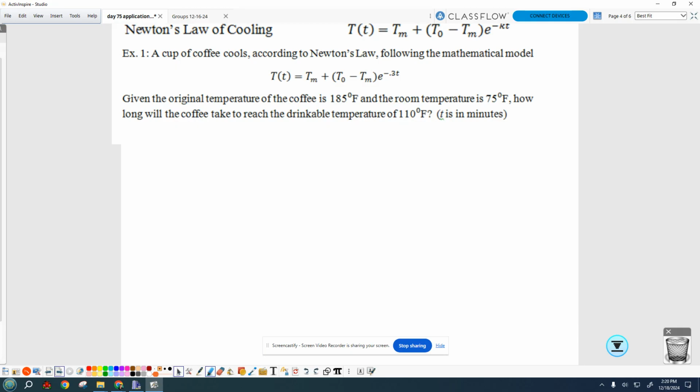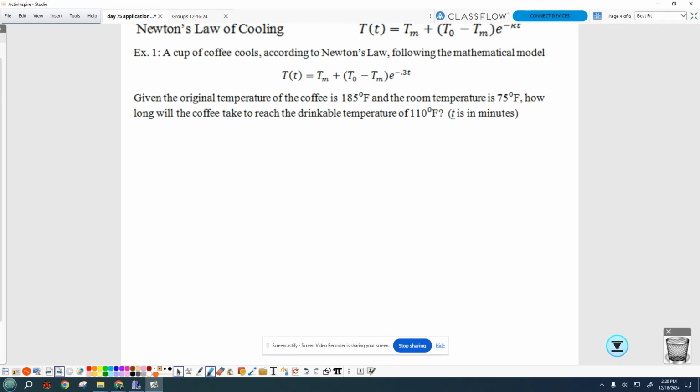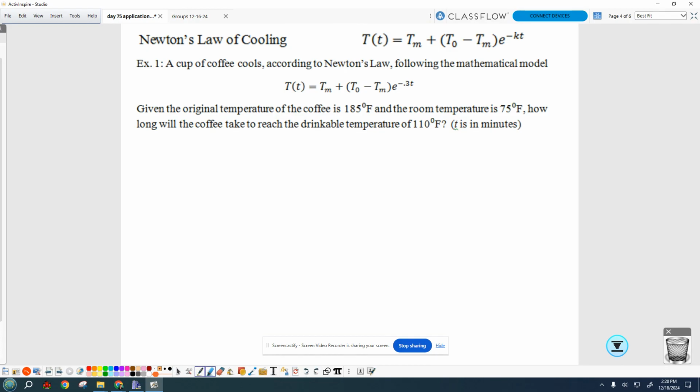Group 10. Sonia and Sophie, can you fill in the things for all those variables? I did. The original coffee temperature is 185, the room is 75, and the temperature that doesn't burn the roof of your mouth is 110.